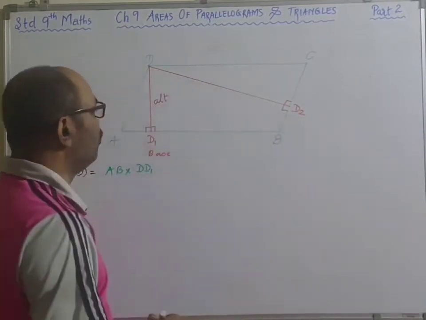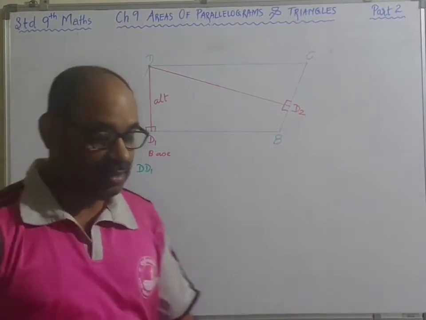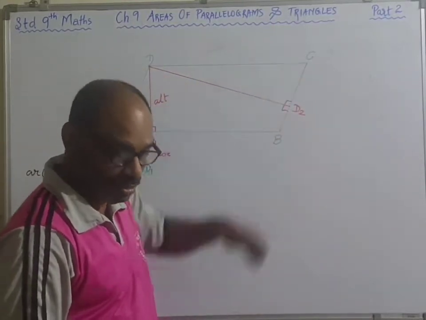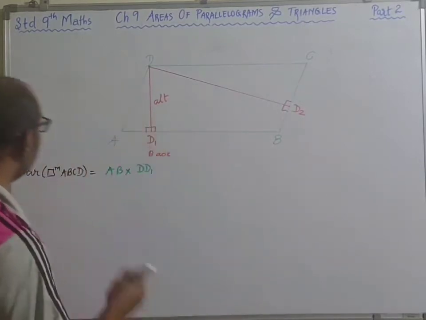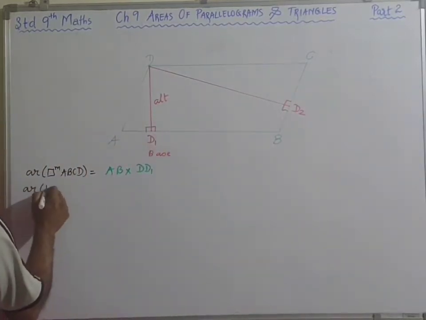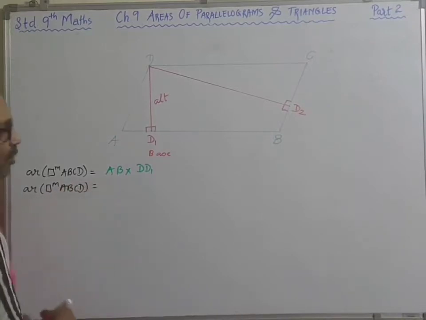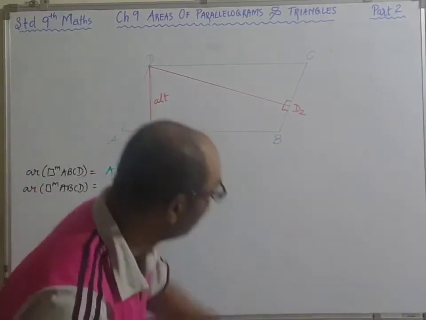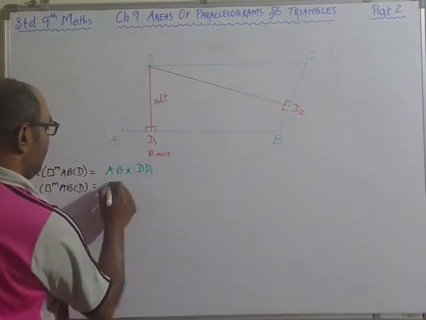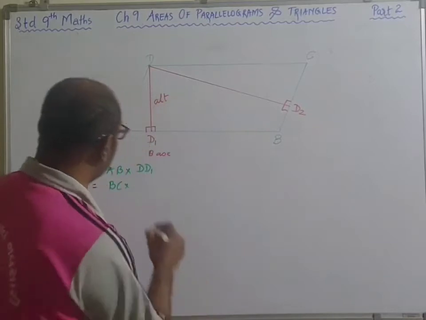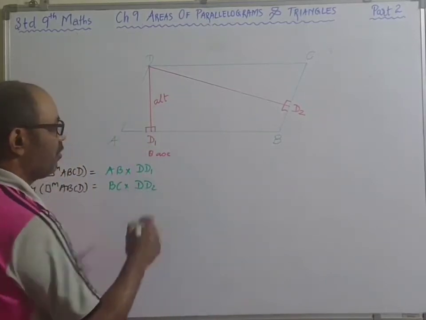So DD2 is the altitude corresponding to base BC. So once again, area of same parallelogram ABCD is equal to, this time the base is BC into altitude DD2. Alright children.